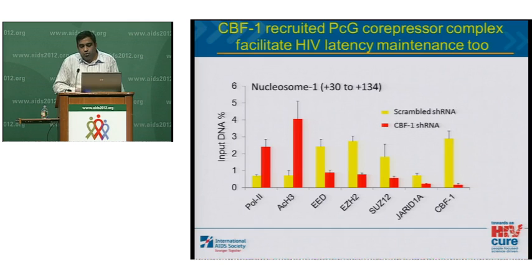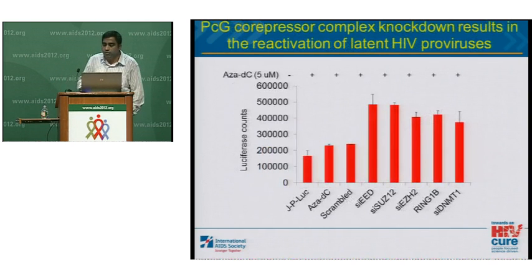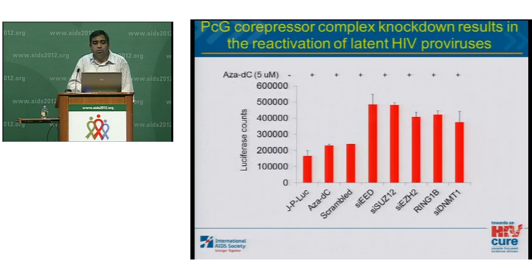So next, we wanted to confirm the direct role of polycomb group co-repressor complex in HIV latency. So for that, we performed a knockdown experiment where we knocked down the various core components of polycomb group co-repressor complex in latently infected Jurkat T cells, and we analyzed the corresponding activation of latent provirus along with azadeoxycytidine, an inhibitor of DNA methylation.